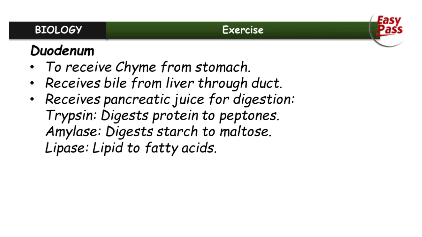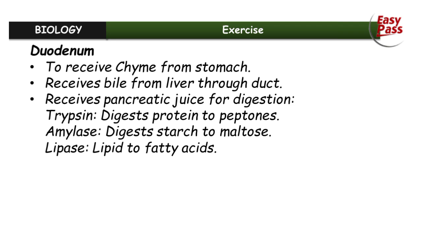For this digestion, the enzymes that we have in the pancreatic juice are trypsin, amylase, and lipase. So all of these help in digesting the food. Trypsin digests protein to polypeptide or peptone.